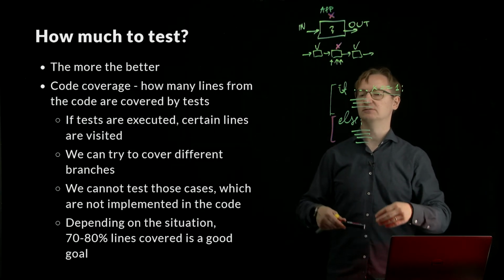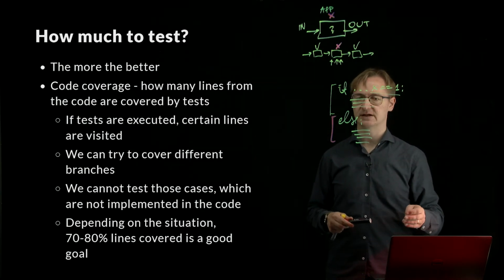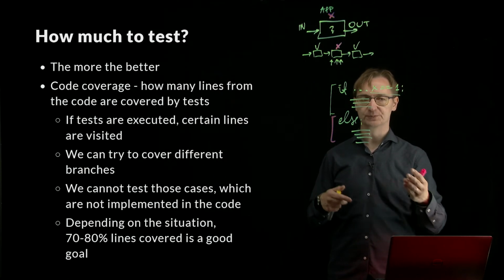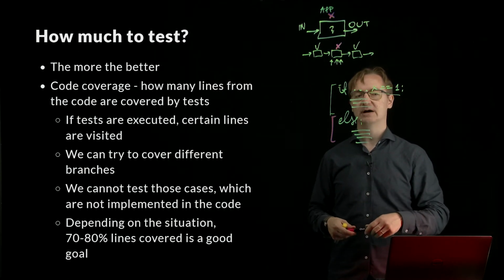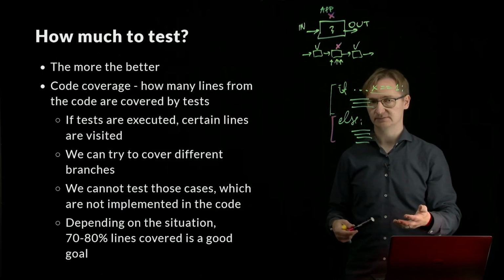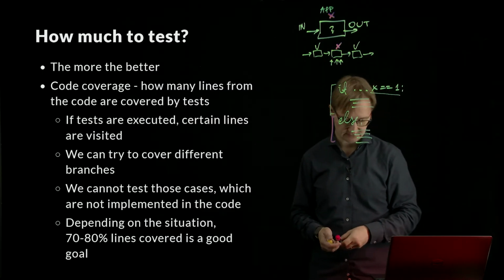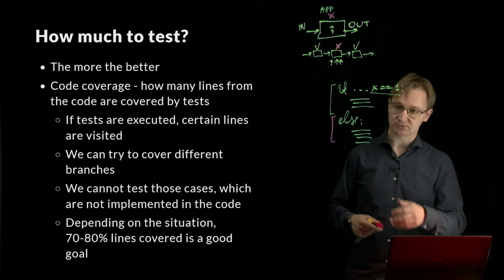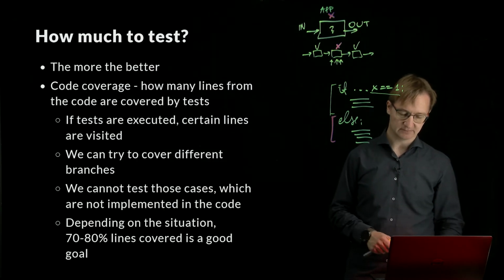And usually our normal programs have different branches. So this is like the if-else branch here, or loops or whatever. Then you have to be certain that you test basically every branch. That's the idea behind the code coverage here. And yeah, we can try to cover every possible branch.